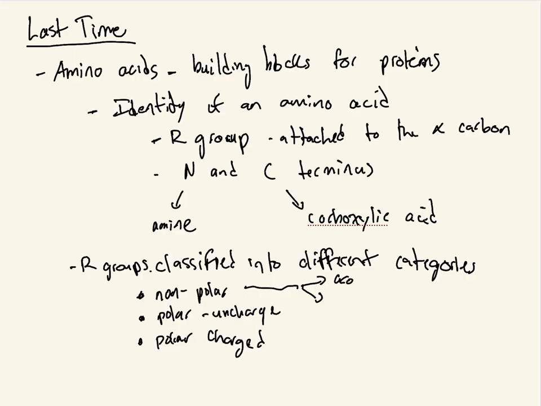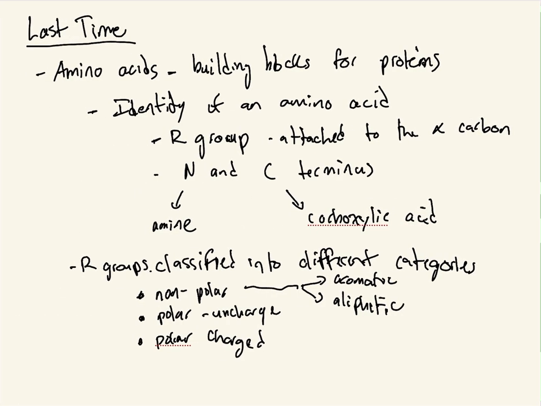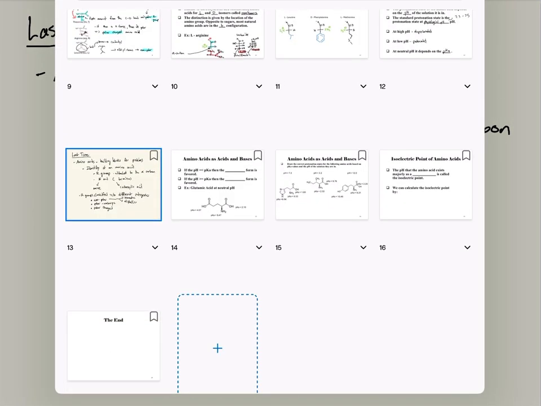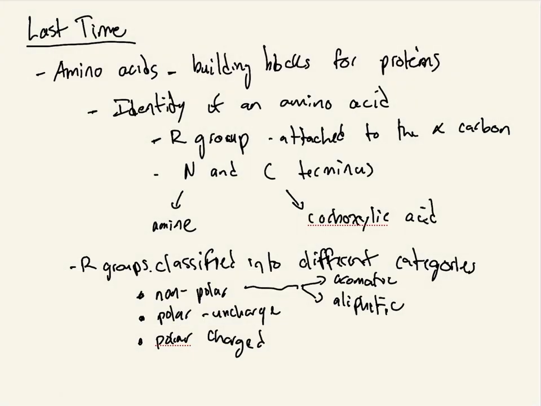You have aromatic and aliphatic, right? So that just means an alkyl chain versus an aromatic R group in the nonpolar section. So these give rise to the different properties for the different sequences, which then determines how the protein is going to fold in three-dimensional space.